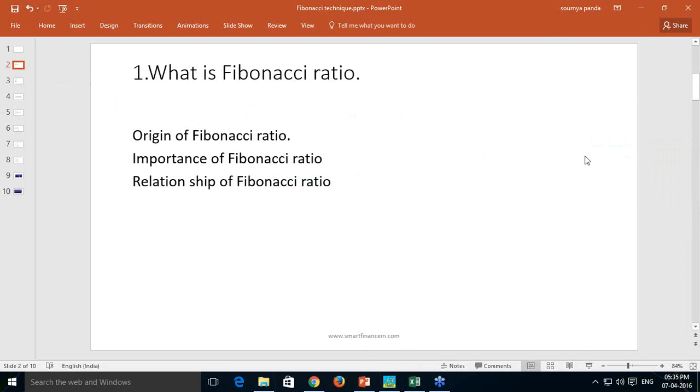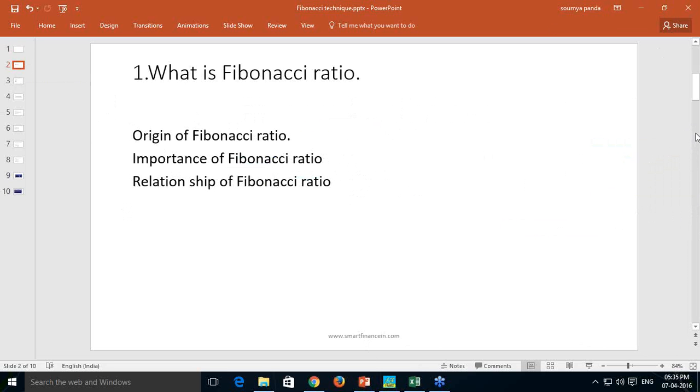And the importance of the Fibonacci ratio is because of its natural presence, like the petals in a flower arranged in the Fibonacci number sequence. In your human body also, the body length from your navel to head and from the navel to toe maintains the 1.618 retracement. The circumference of your head also is present in the Fibonacci sequence.